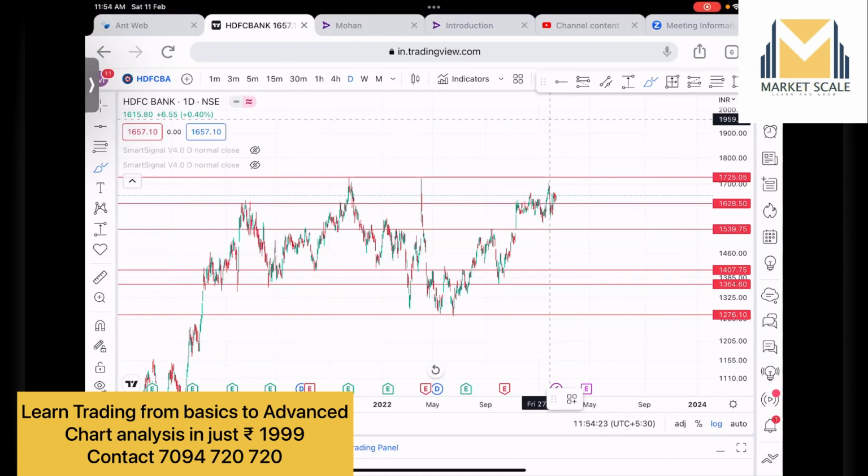How I identify the zone is very, very simple. I follow the history. There are no trading secrets at all. I simply follow the history. Whatever happened in the past, I simply cut, copy, paste and mark it as a zone. There are multiple courses in India or London or anywhere in trading.